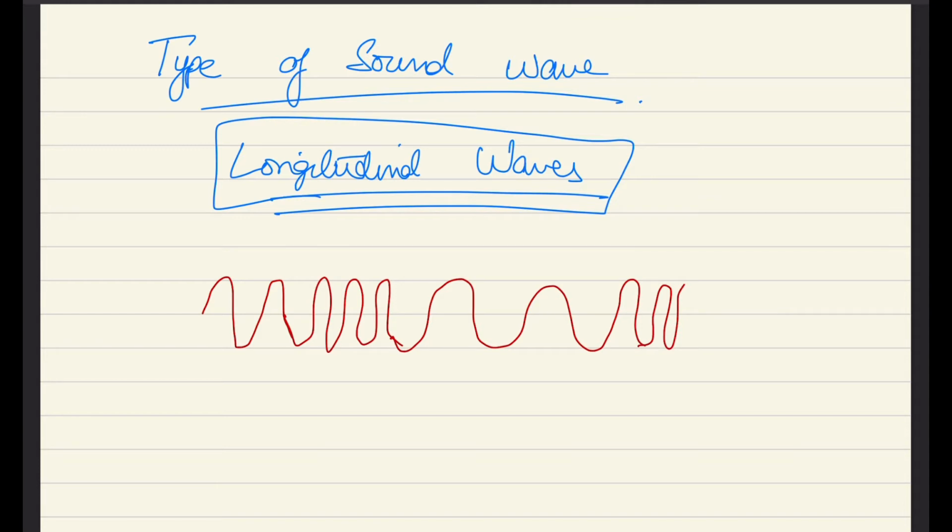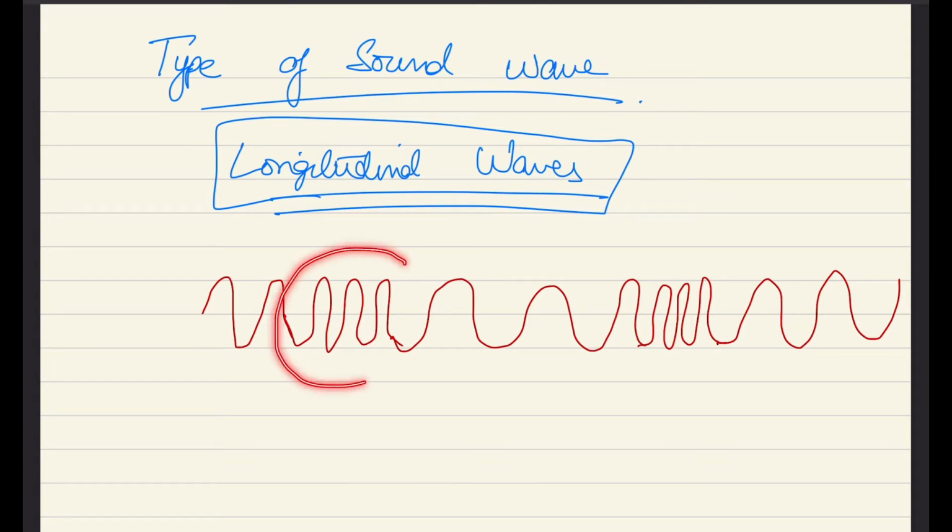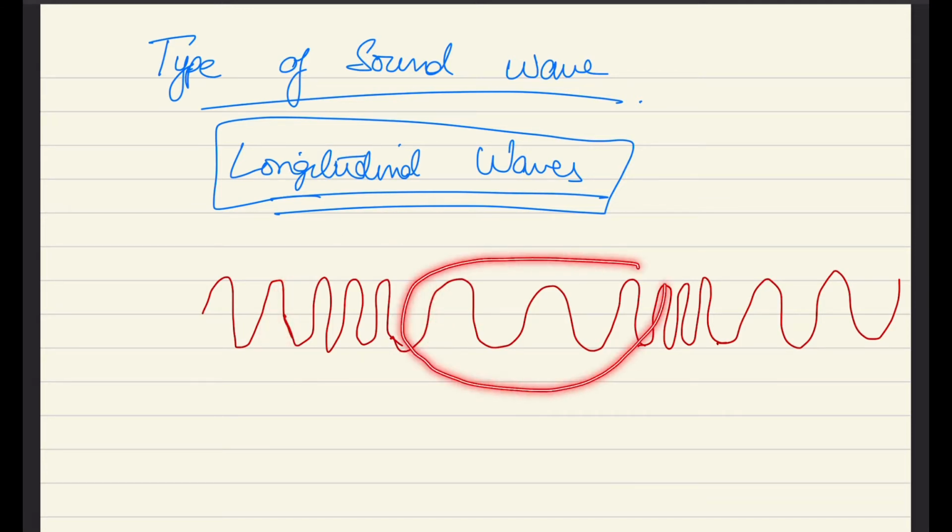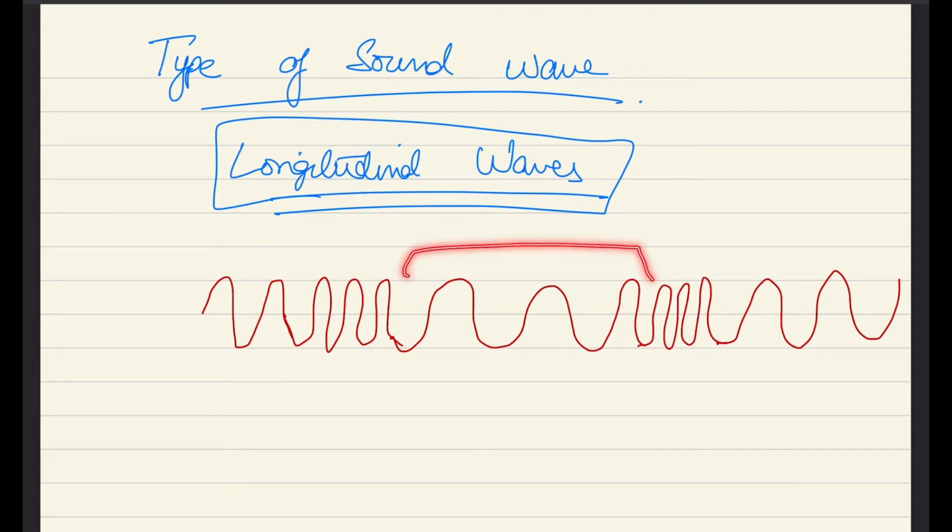Again, they'll become close to each other and then go away from each other. So you see over here, this area is due to the compressions, and this area over here is due to the rarefactions. When the particles are close to each other, we'll call that region the compression, and when they're away from each other, we'll call that region the rarefaction. That is the nature of the longitudinal wave.